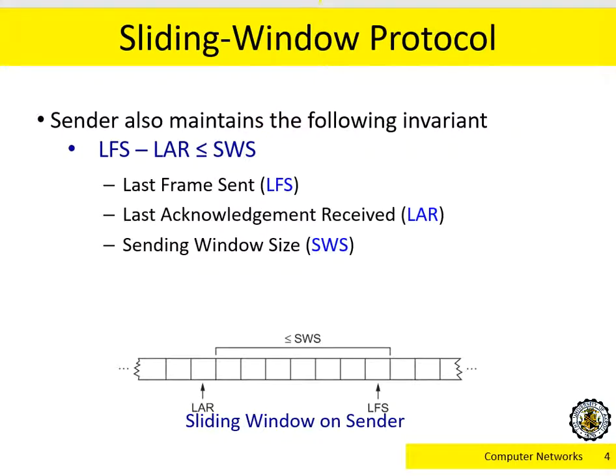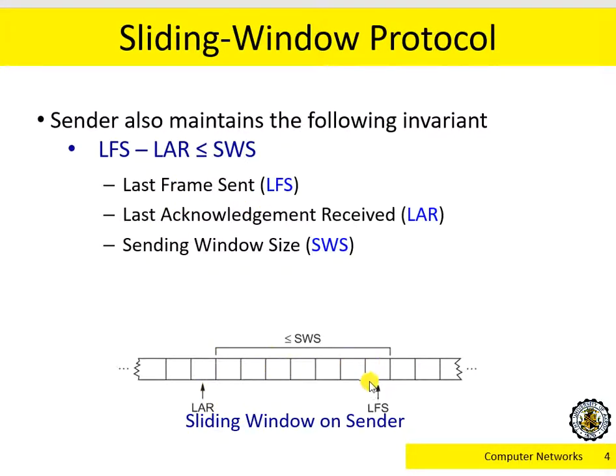Basically, we have three terms introduced. First is the LFS, which is the last frame sent, the last frame you send before you receive that acknowledgement. And also the LAR, meaning the last acknowledgement received. Basically, it's the sequence index associated with the frame which has the acknowledgement.